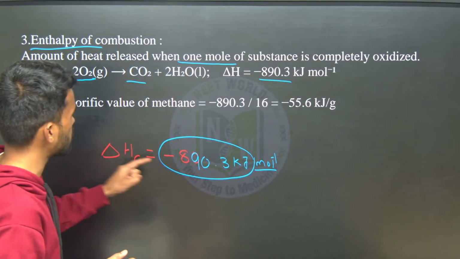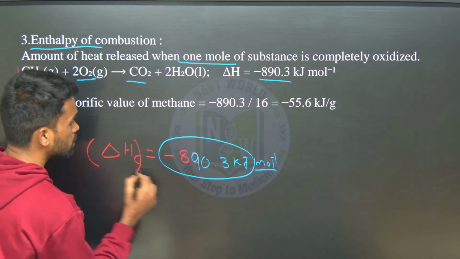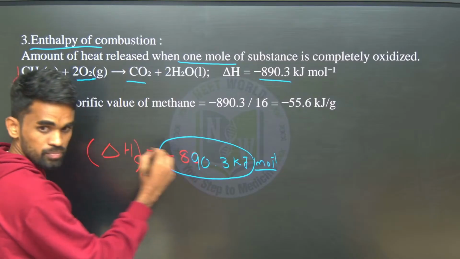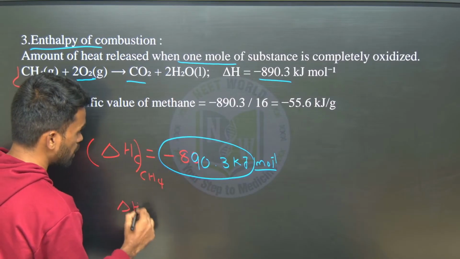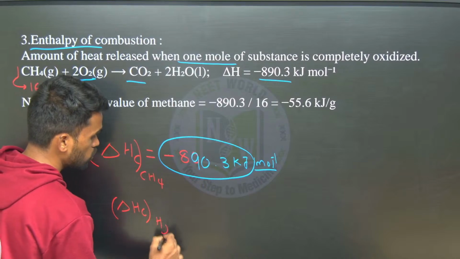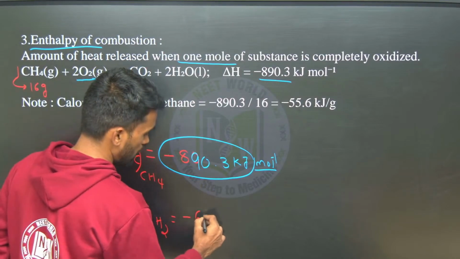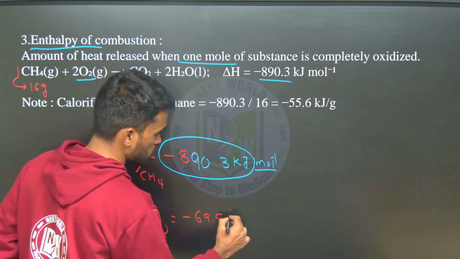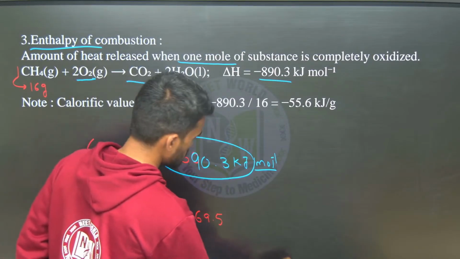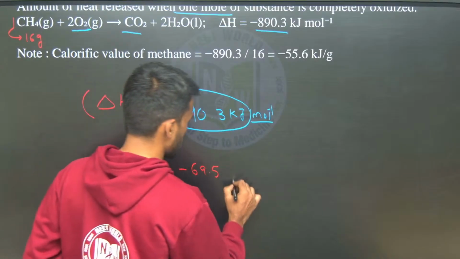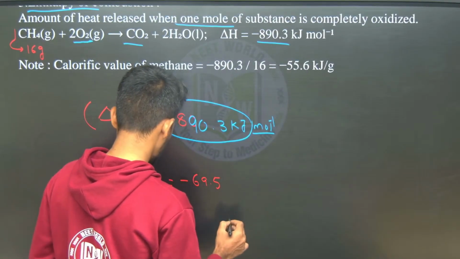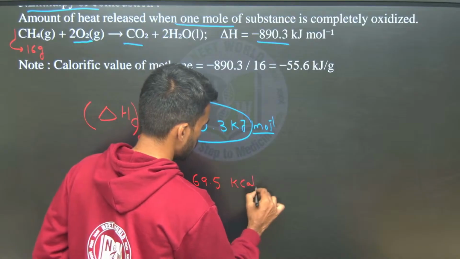Now the heat of combustion of methane we got is 890. The heat of combustion of hydrogen is around minus 69.5, an approximate value, in kilocalorie per mole.